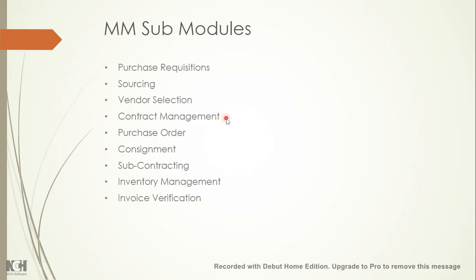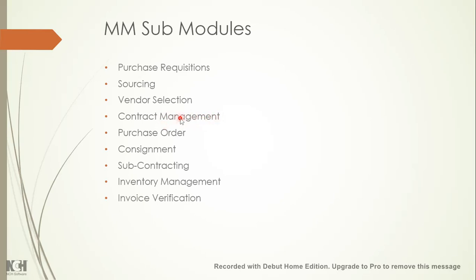You put a certain date limit, like this contract is valid for say 1 year or 3 years. Rate you define in the contract. You also identify for which product this rate is applicable, who my vendor is, and from which plant I am going to procure these materials. All these things you define in contract management. What is my payment term with the vendor?